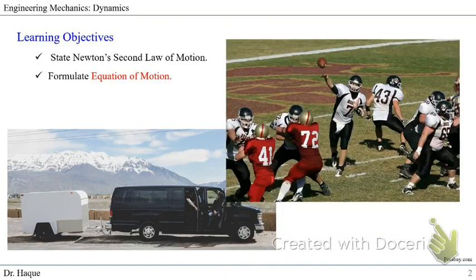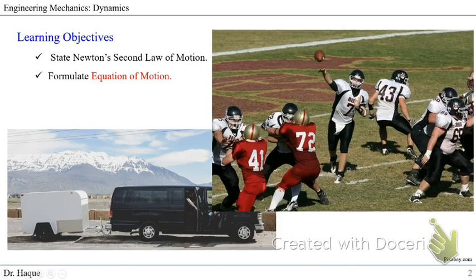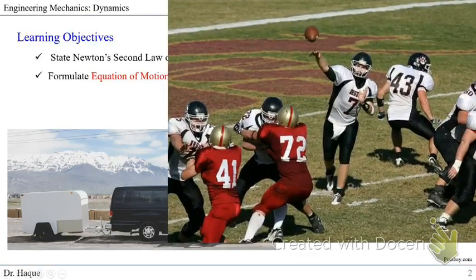Another example you see here, the player is throwing a ball towards another player. If you do a mathematical calculation of that, if you consider the environmental effect, for example, the air resistance, the dragging force of the earth on the ball towards the ground, how much force you need to put to the ball so that it reaches the targeted person, and then also there is gravitational force, air friction.